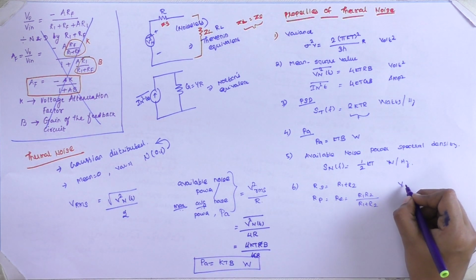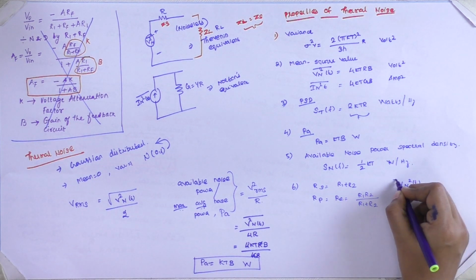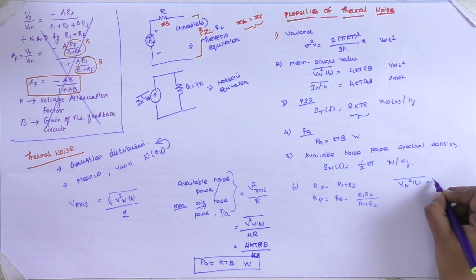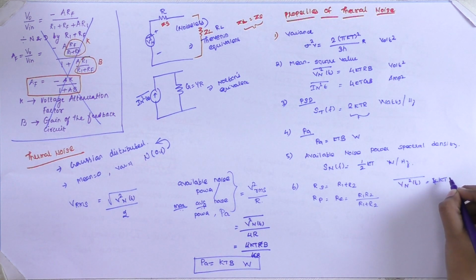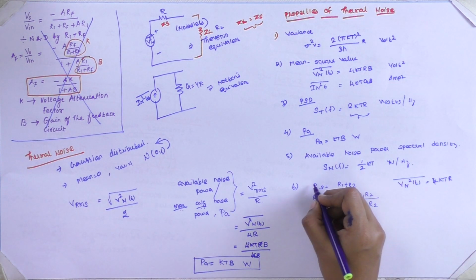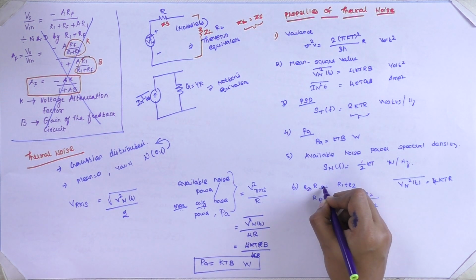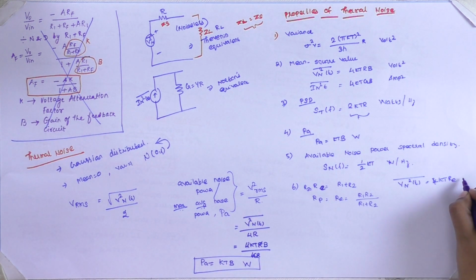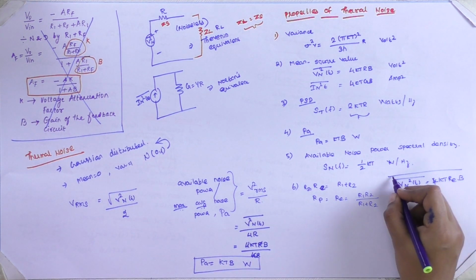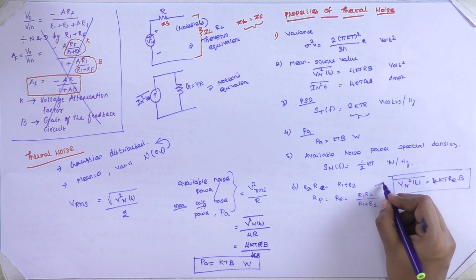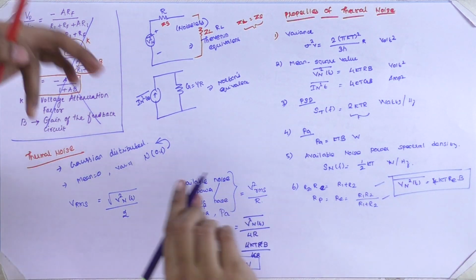Therefore, our final value will be Vn square of T is equal to 4 KT RE into B, depending upon whether our resistance is in series combination or in parallel combination.